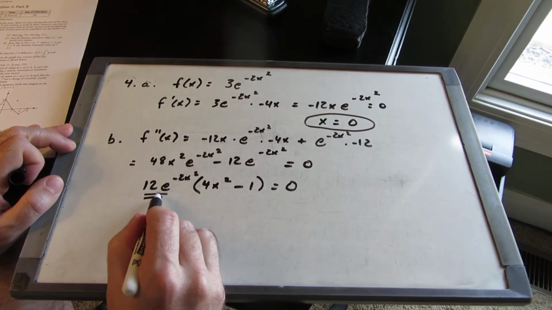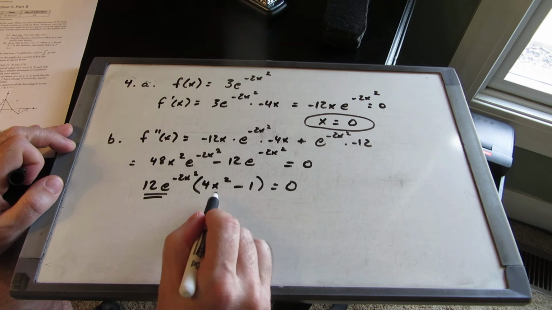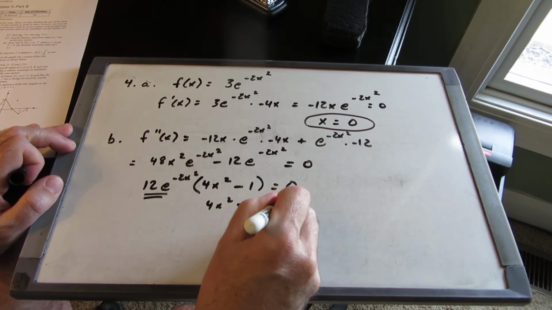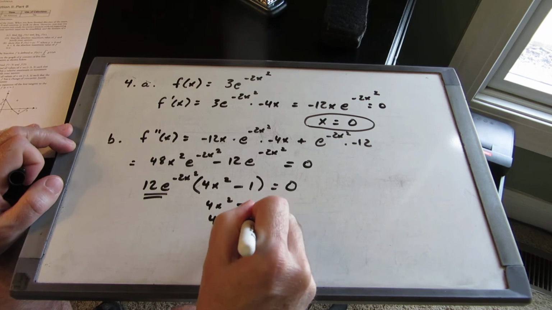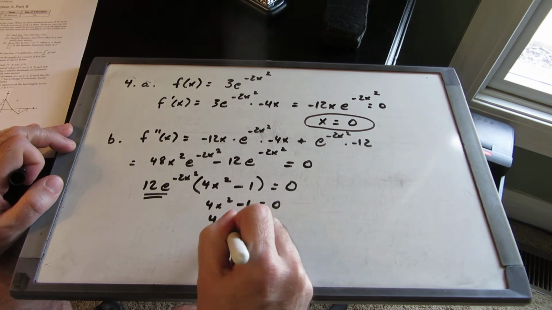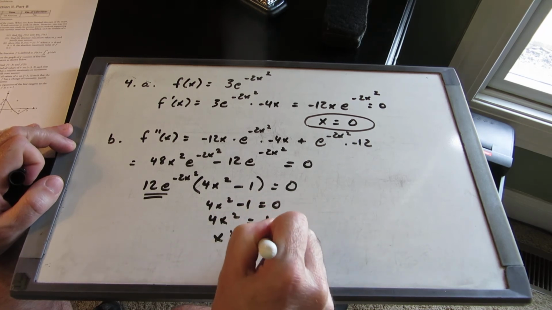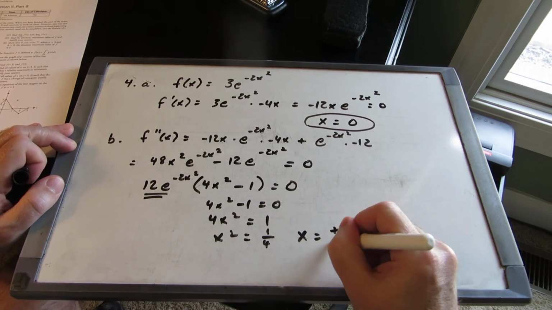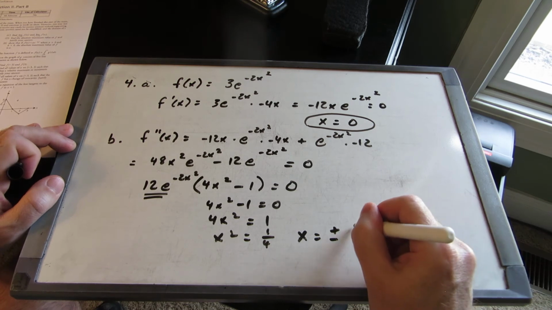This term, never going to be 0. This term though, 4x squared minus 1 equals 0. 4x squared equals 1. x squared equals a fourth. So x will be plus or minus the square root of a fourth, which would be 1/2.